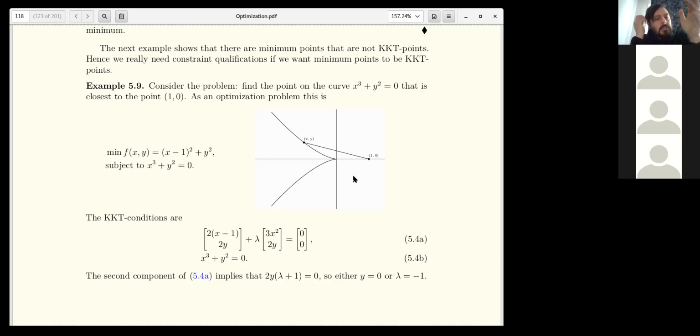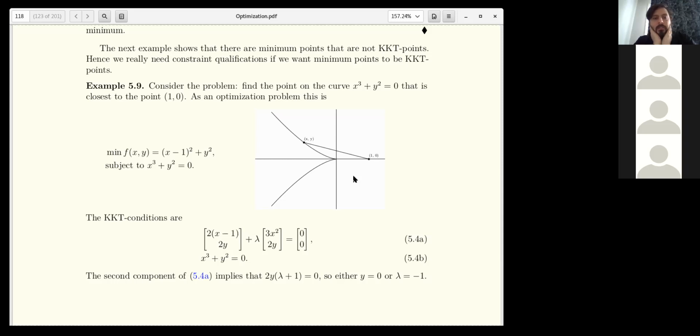Okay, so let's look at the KKT conditions now. Let's formulate them. Firstly, the gradient of the target function, or the cost function, is simply 2 times (x minus 1) and 2 times y. Those are the components.